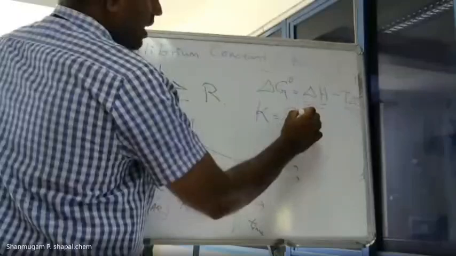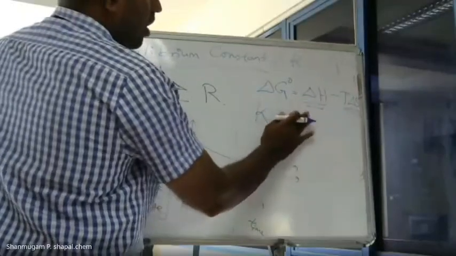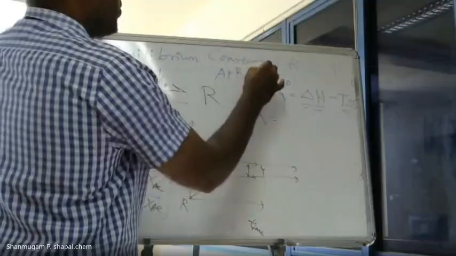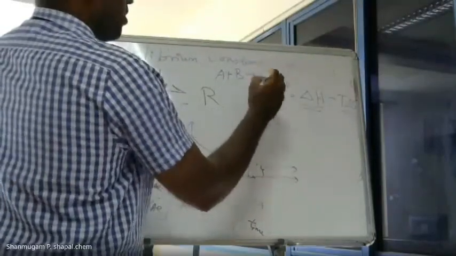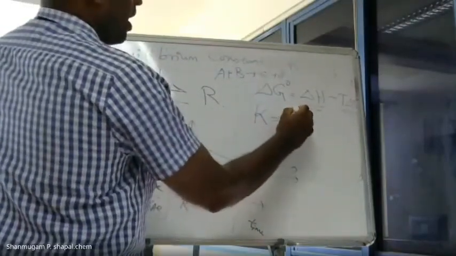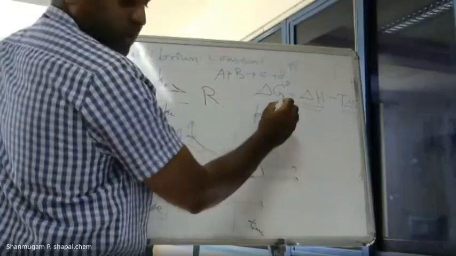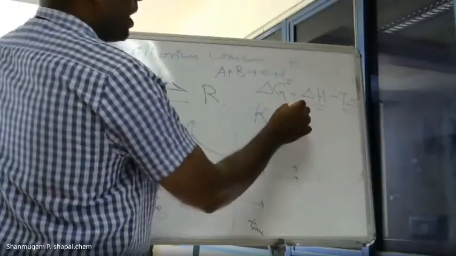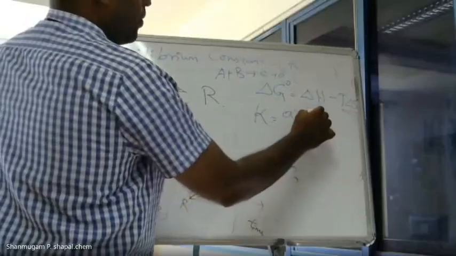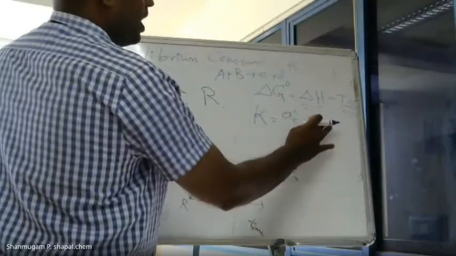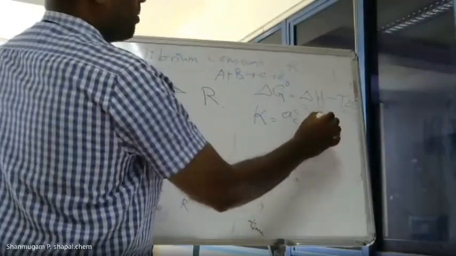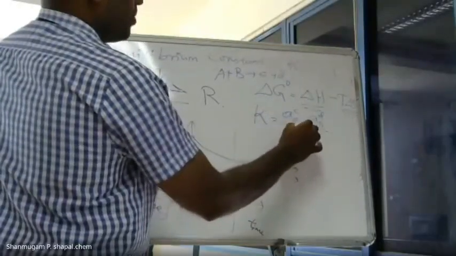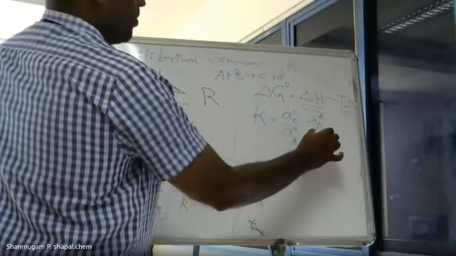Okay, so we take it as A plus B gives C plus D. In this case, K is the activity of C to the power of c, with the activity of D to the power of d, divided by the activity of A to the power of a and the activity of B to the power of b.